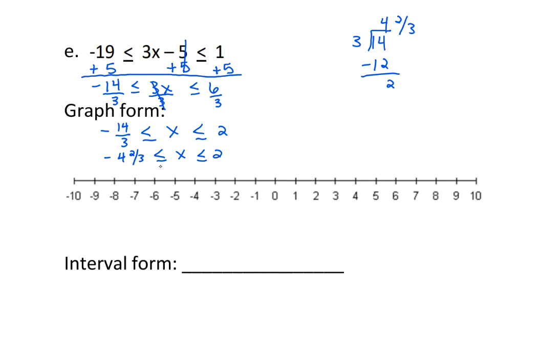Since I have that straight line underneath it, it's a less than or equal to, so I'm going to use a bracket right here for the negative 4 2/3. And then it's going to go to 2, so I'm going to put a bracket on the 2. And x is all the stuff in between the two numbers.